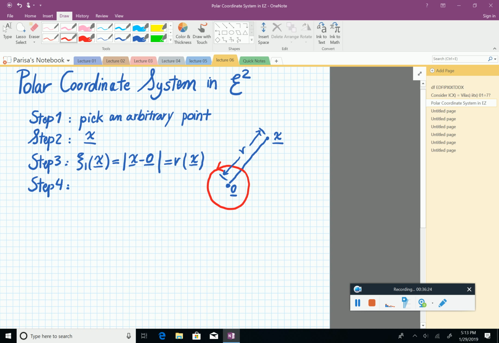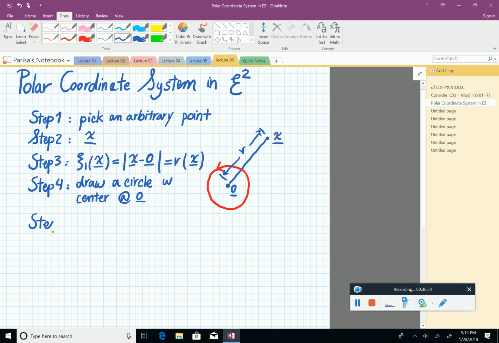It also has to have a direction, and I take the direction to be counterclockwise. So I draw this circle, and I'm not done yet.